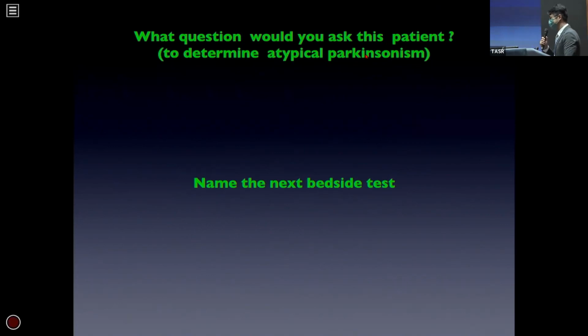Have you any difficulties looking at objects in the lower position? Okay. What else? I think swallowing would be very important to ask about in this patient too. Smell test. Yep.